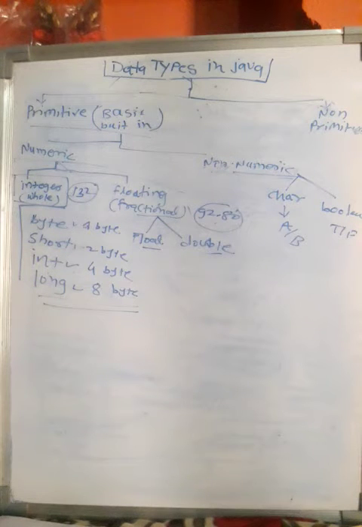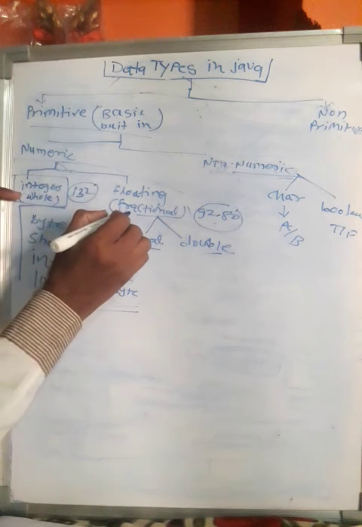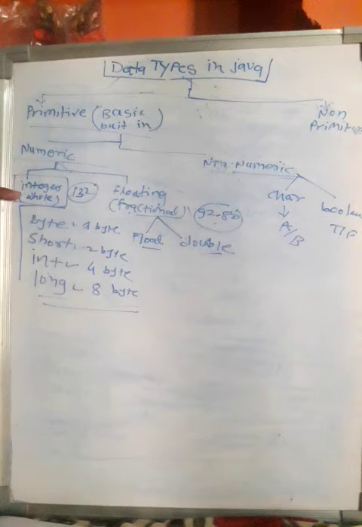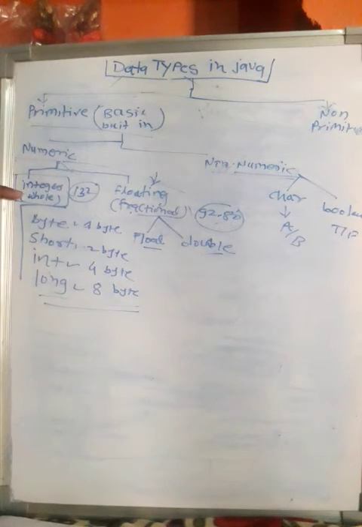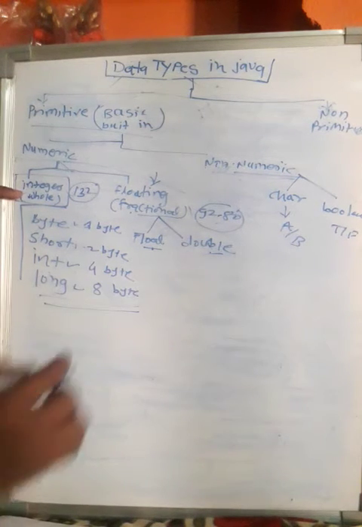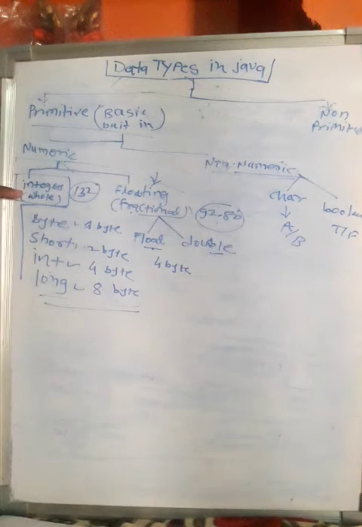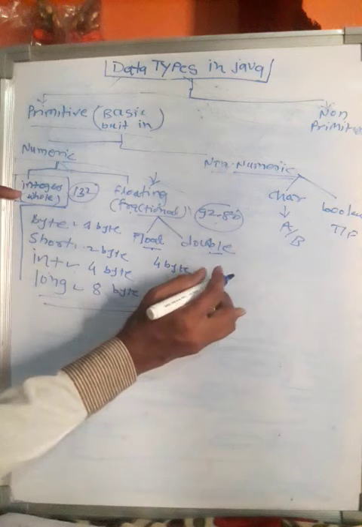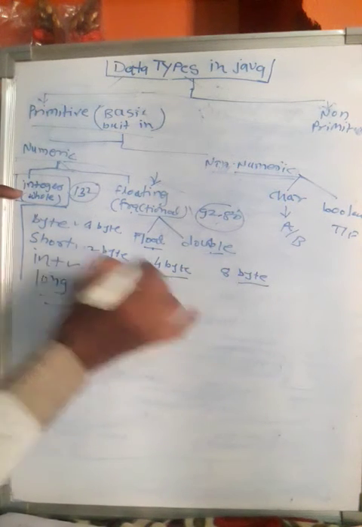In integer types, we can hold only whole numbers. But sometimes we want to store a fractional value in a variable. At that time, Java provides floating point data types, which are float and double. Float requires 4 bytes and double requires 8 bytes of memory space.